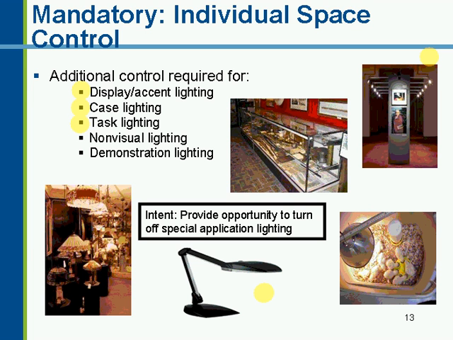It has to have an additional control separate from overhead lighting control. Non-visual lighting, such as heating lamps in a restaurant, or as the picture in the lower right, an incubator lamp, those are non-visual applications that need to have a separate switch as well. If you have any demonstration lighting, that also needs to be separately switched from the general lighting.